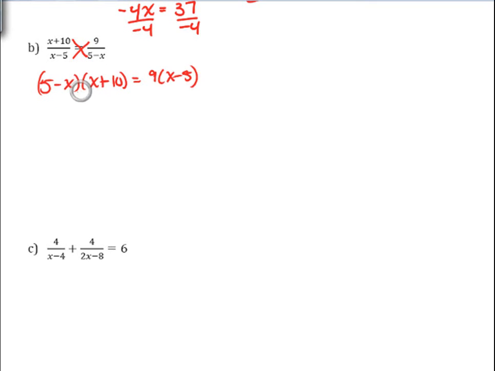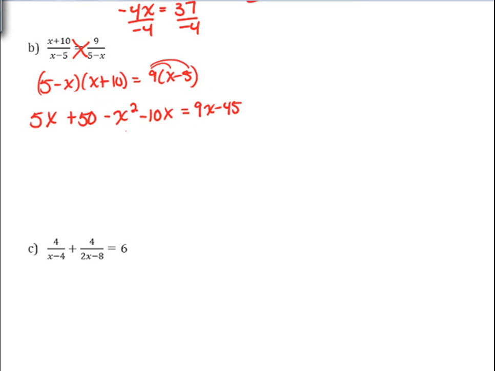Now we're going to have to do FOIL over here. 5 times x is 5x. 5 times 10 is 50. Negative x times x is negative x squared. And negative x times 10 is negative 10x. Distribute the 9. So that's going to be equal to 9x minus 45.